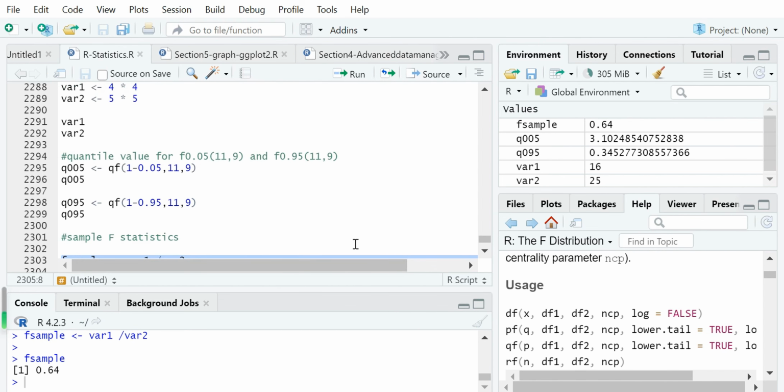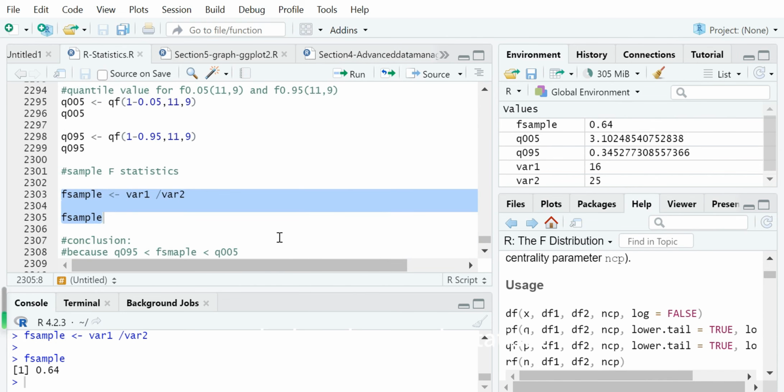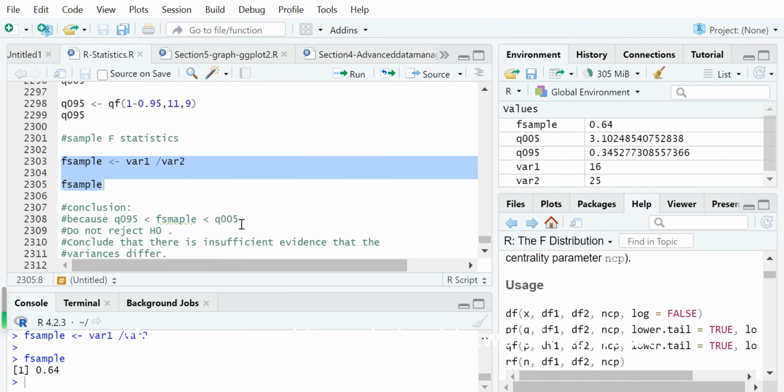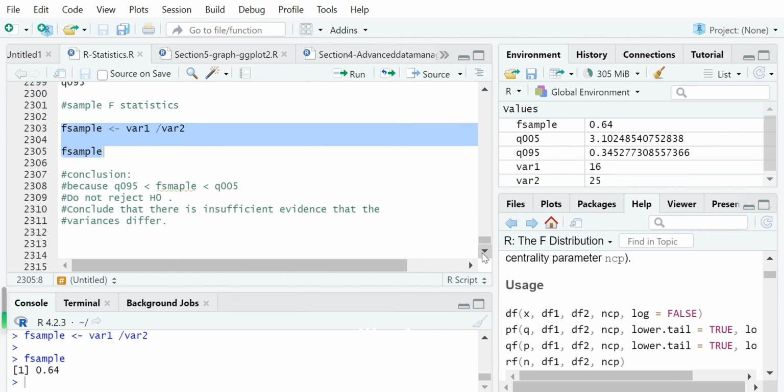Then calculate the sample statistic, then compare this statistic with the two critical values. If inside these two critical values, then for the two-sided test, it is not significant. If outside this range, it will be significant and we will reject the null hypothesis.